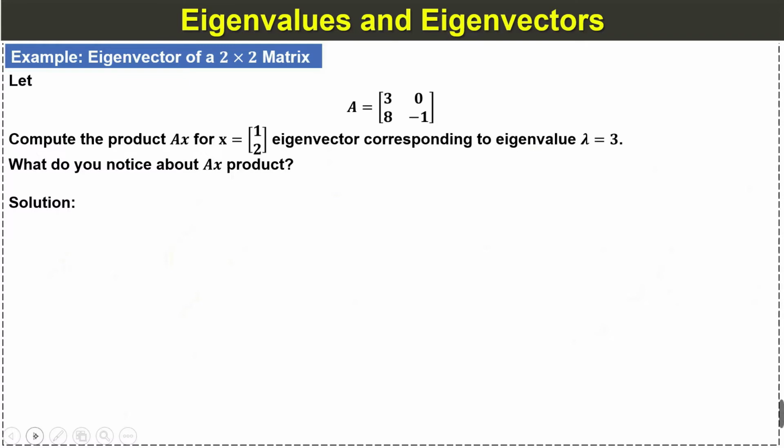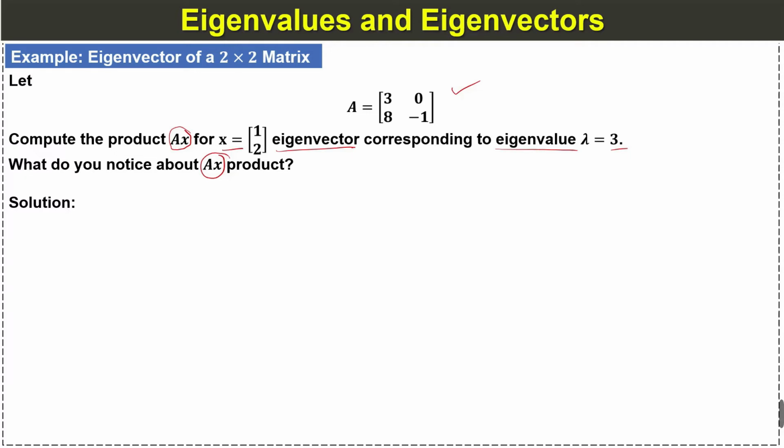Now we discuss an example. Let the matrix A be [1 3; 0 8 -1]. Compute the product Ax for x = [1 2], which is the eigenvector corresponding to the value lambda equal to 3. After multiplication, what do you notice about this product?